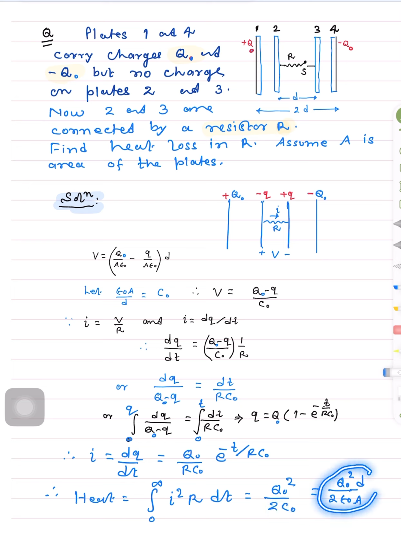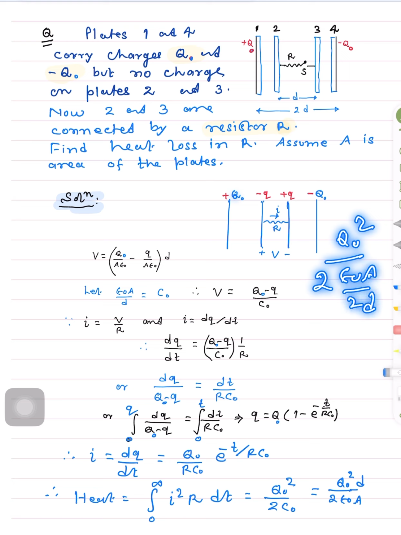The same expression can be obtained by the concept of energy of a capacitor, because initially here will be an effective capacitor of capacitance epsilon naught A by 2d. And this capacitor has charge Q naught. So we have initially energy Q naught square upon 2C, where C is epsilon naught A by 2d, right? This is the initial capacitance.